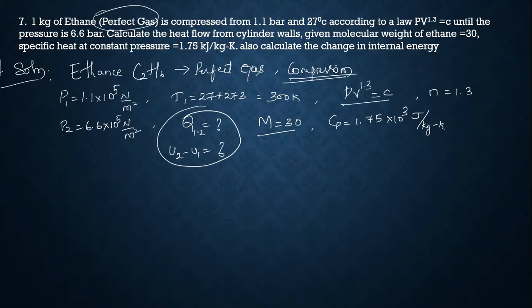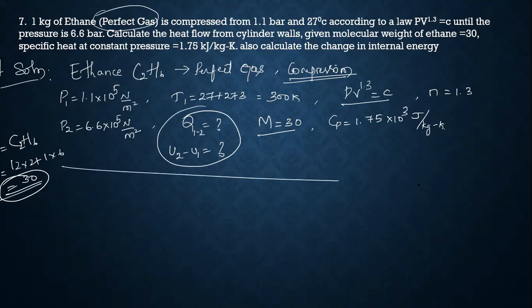Now they have given particularly the molecular weight, that is M is equal to 30. If the molecular weight of ethane is not given, then you have to find it from the molecular formula, that is 12 into 2 plus 1 into 6, and that will become 30. Why is that given?